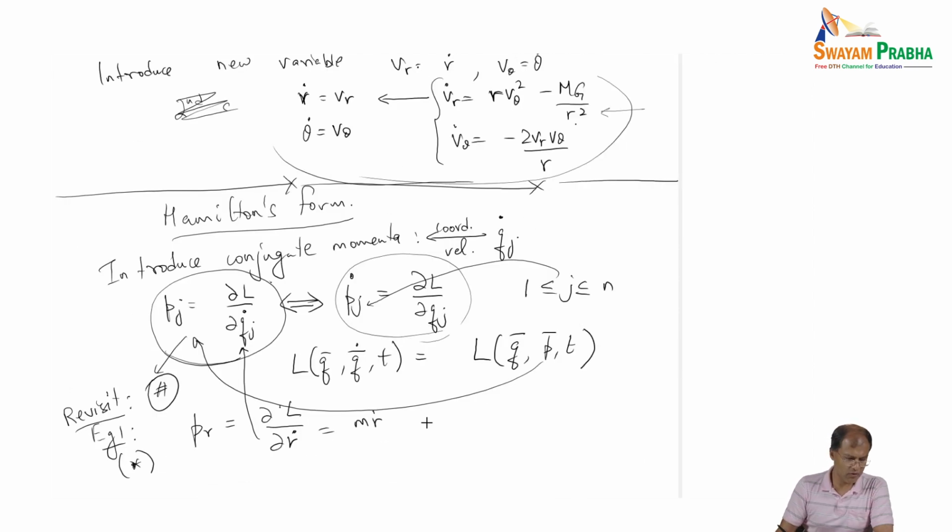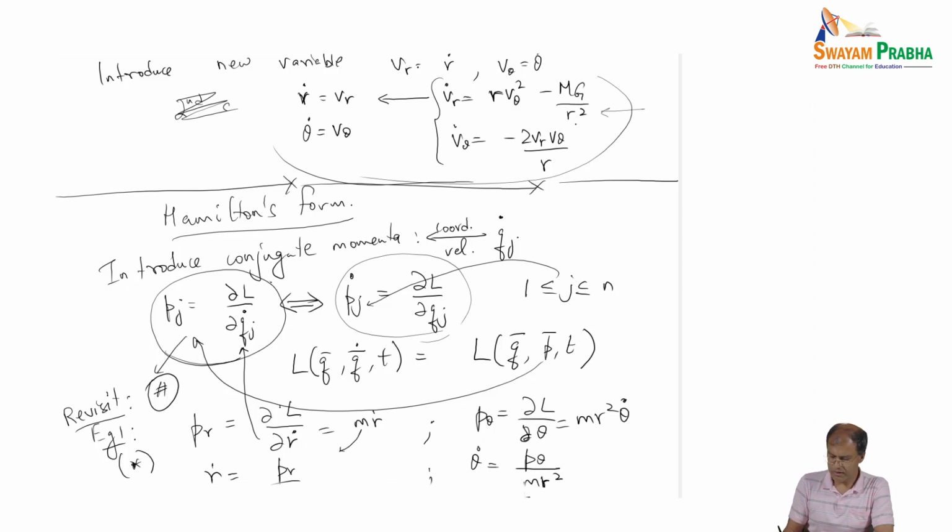So P_R is the following, and then p theta is partial L partial theta dot, and this is m r square theta dot. We differentiate L again and we get this, and we see that from here r dot comes out to be P_R by m, and we get that theta dot comes out to be p theta by m r square, right?